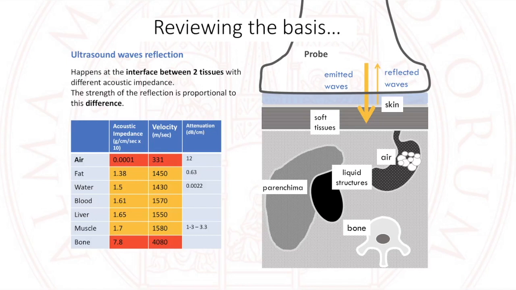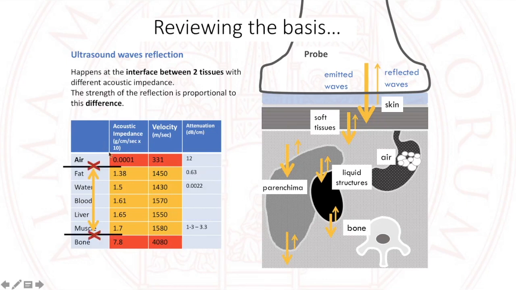Just briefly reviewing the basics, as you very well know, with ultrasound we are capable of studying tissues that are similar to water in terms of acoustic impedance, and that makes it possible for ultrasound waves to travel across these tissues and have some waves coming back to the probe, so that we see those beautiful grayscale images that we all know.